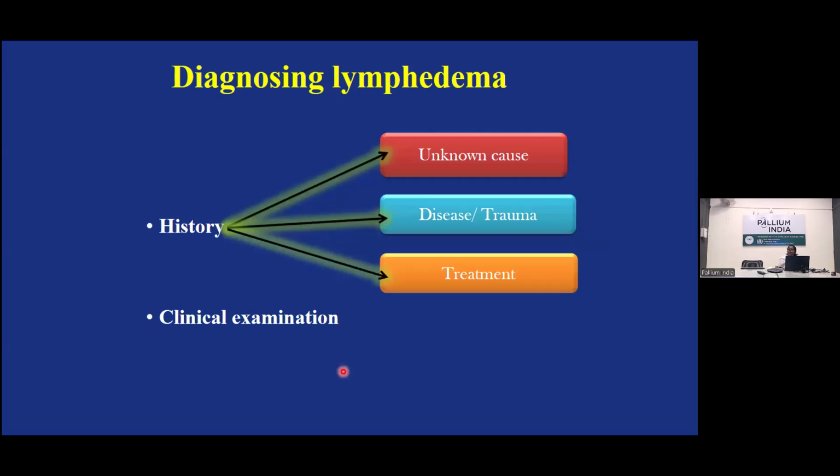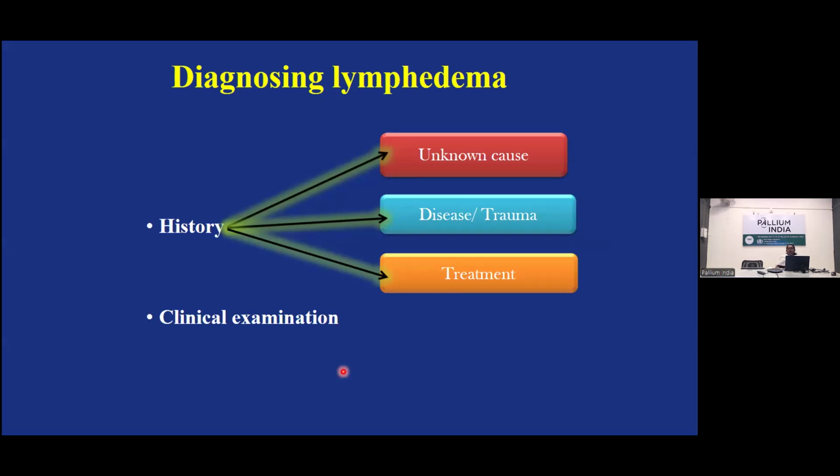If a person has renal failure, that person might have developed lower limb edema. If a person has a respiratory problem, that person might have developed upper body edema, especially facial edema. So we have to understand from the history what is the cause of the edema.